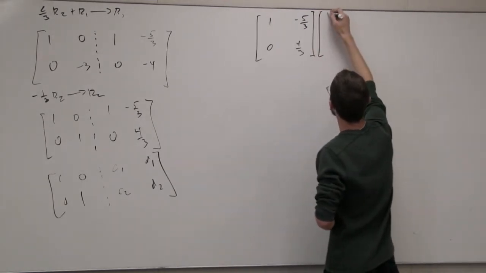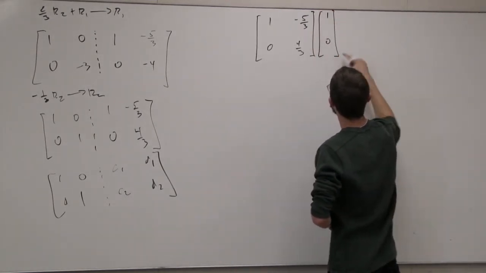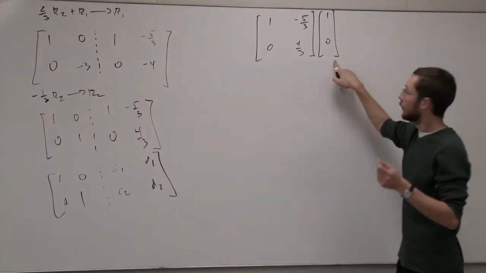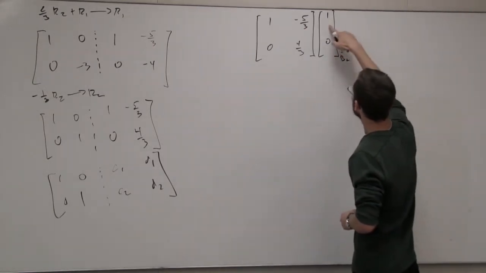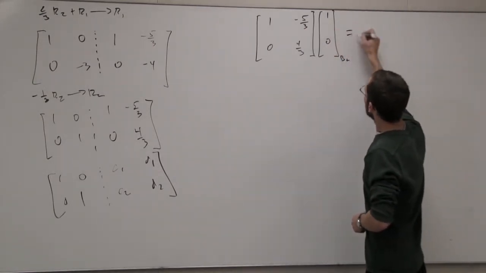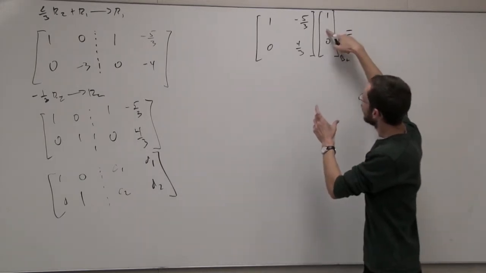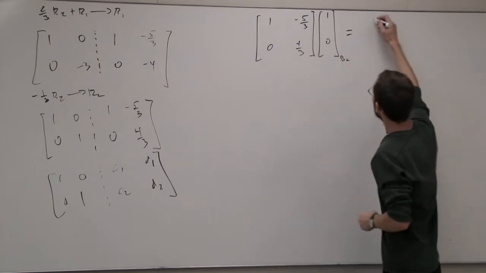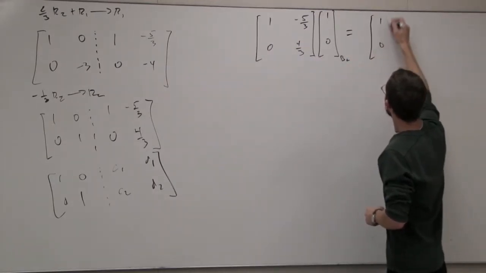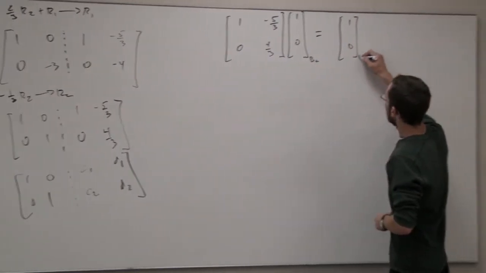What we'll do is let's feed in basis vector 1 for the second basis. Okay. Then what you'll notice is that this is basis vector 1 in the second basis. You feed it in here and you end up getting this vector, and this is now expressed in terms of basis 1, right?